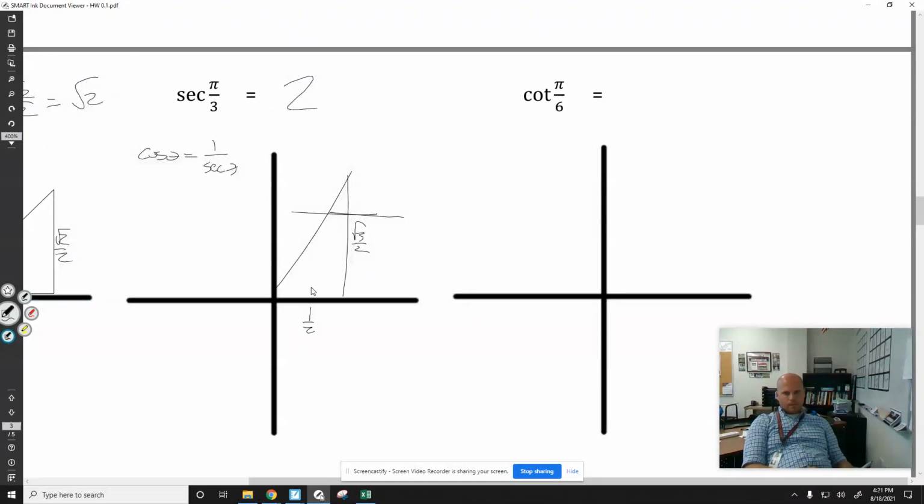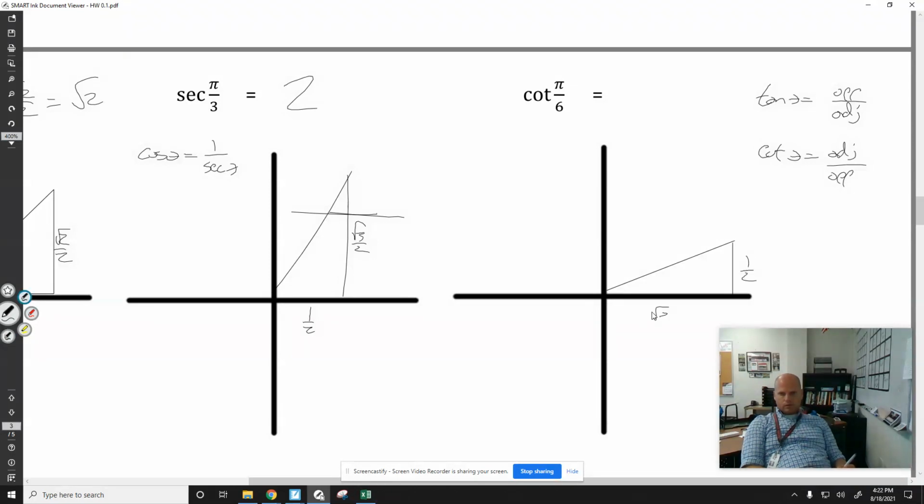Cotangent is reciprocal of tangent. This is easier to show if, like, tangent is opposite over adjacent. Cotangent is adjacent over opposite. I'd go straight to x over y versus y over x. Pi over 6 over here. Opposite is 1/2.